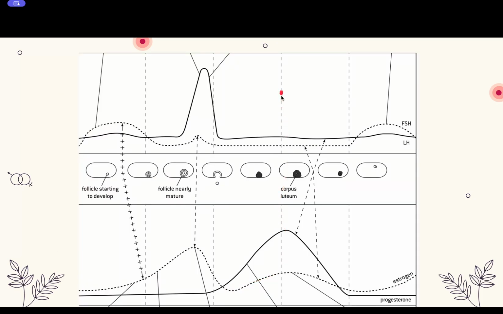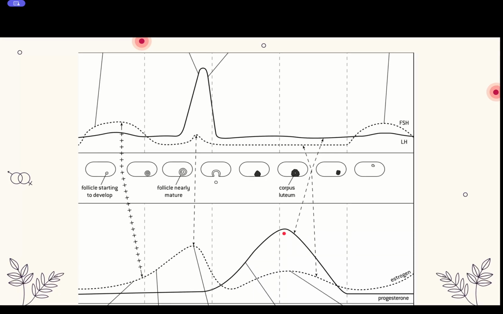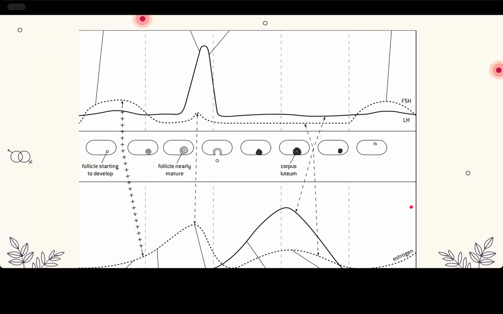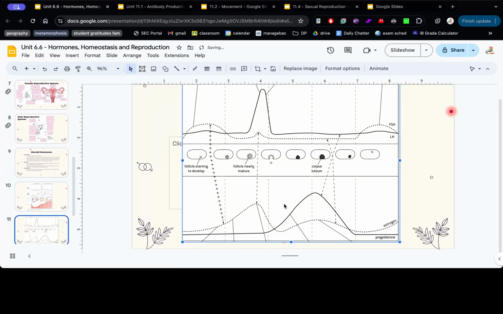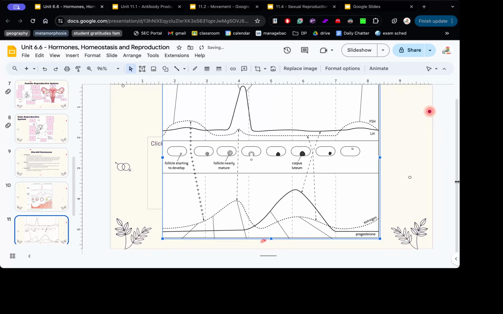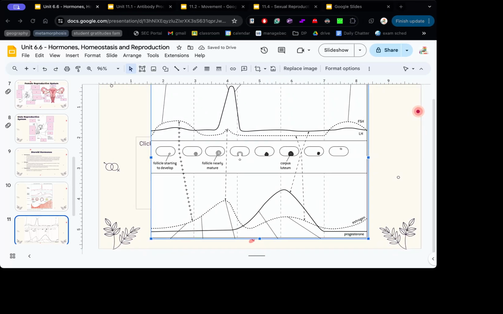And then again, after ovulation, this is where progesterone takes a rise. This doesn't have the dates on it, which is my bad. I'll just add the dates at the bottom, just so it's easier to understand, because I realize none of it makes sense if there are no dates. Hold on.